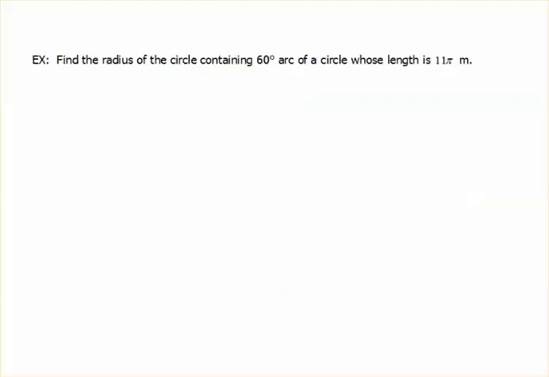So before I do anything, when I'm looking at this problem here, I'm going to go ahead and rewrite that formula so I don't lose that. So that was arc length equals pi times r times theta, which is just the angle measure, divided by 180.